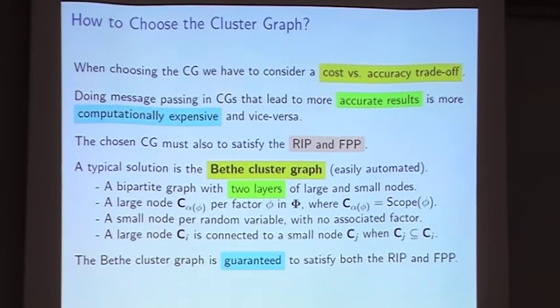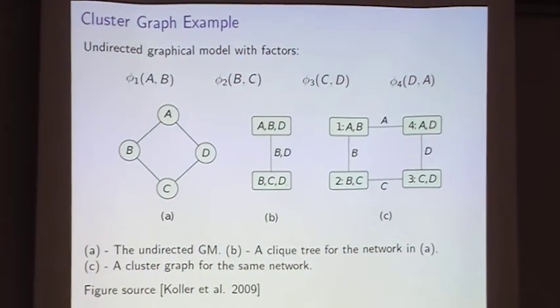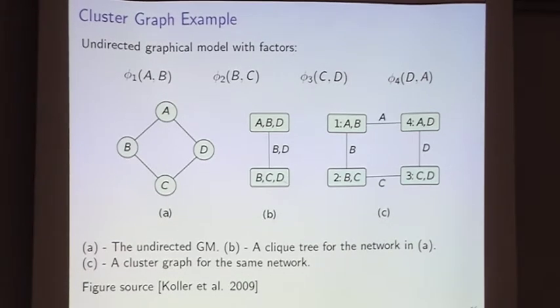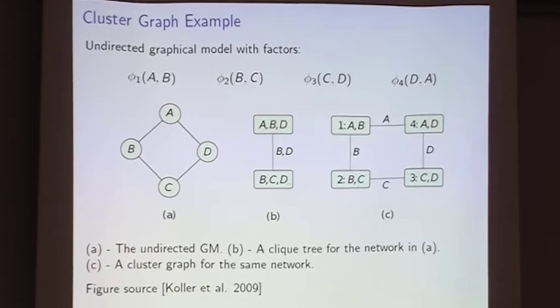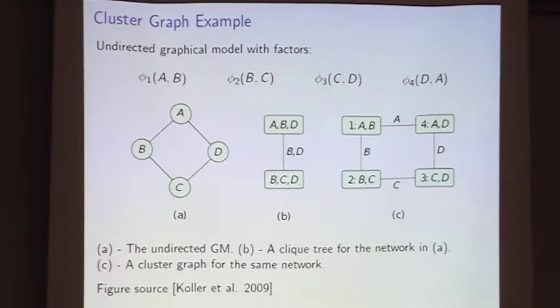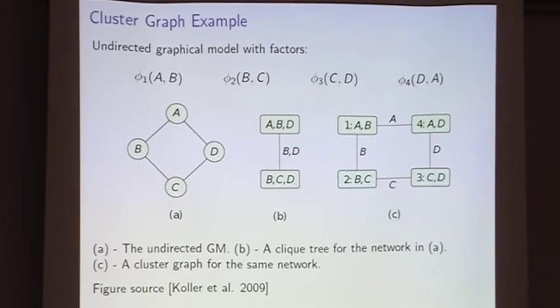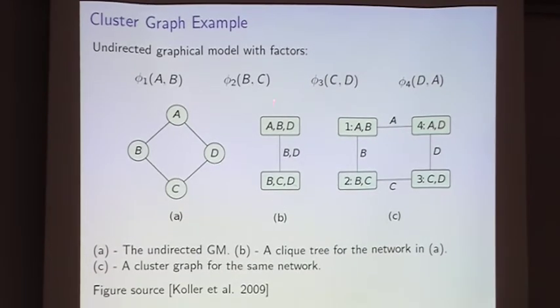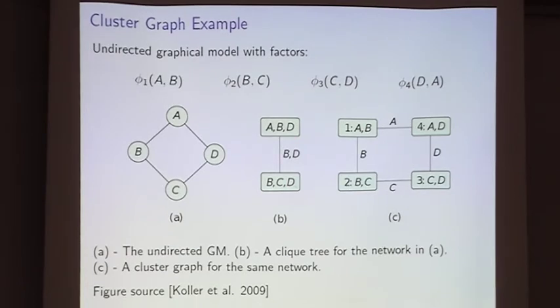So the question is, what's the point of splitting up the factor ABD into two factors, AB and AB, and similarly? So the idea is that doing exact inference with this click tree depends on the size of the largest click in this graph, which depends on 3 variables.